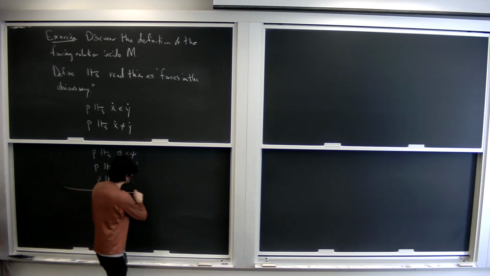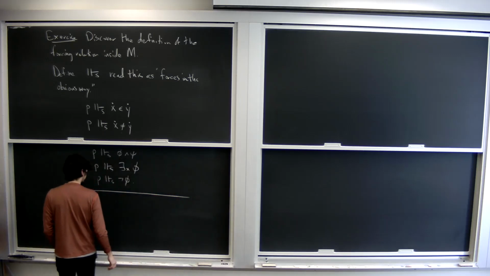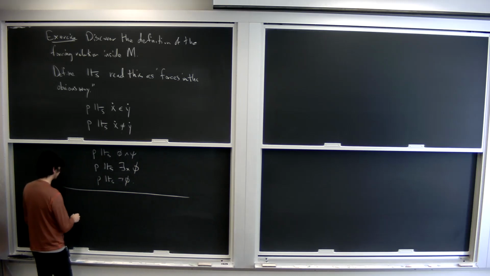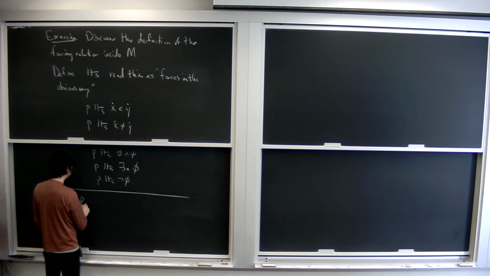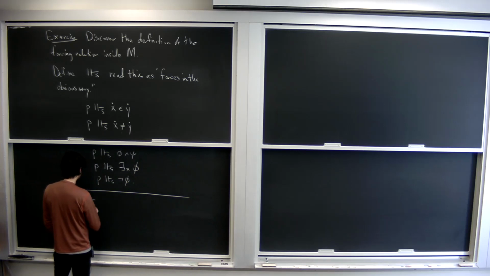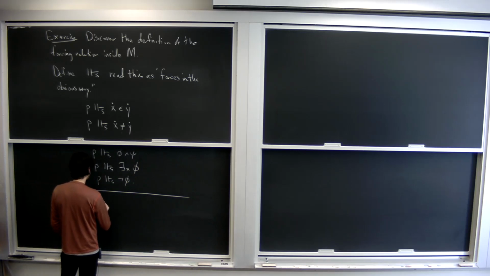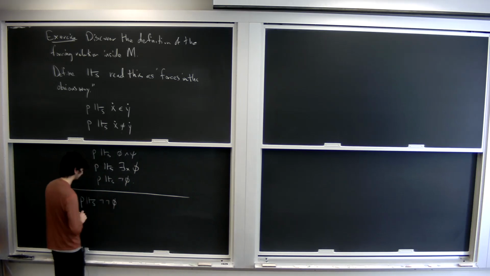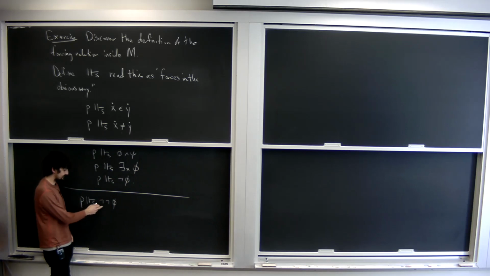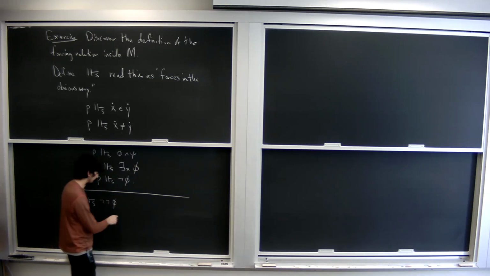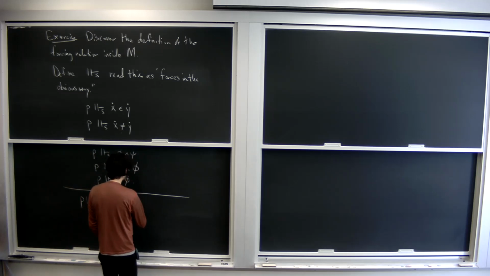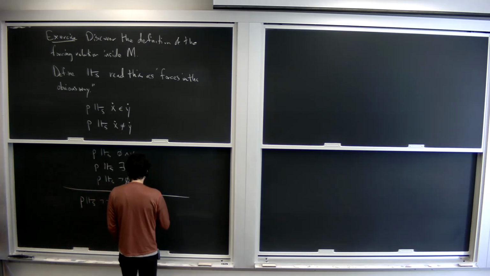And what should you expect out of this? Maybe we'll write it this way. Right, so suppose that you force in a strong way the double negation, right? Then you should expect actually that this doesn't imply that you force in a strong way phi.